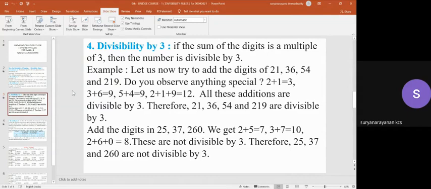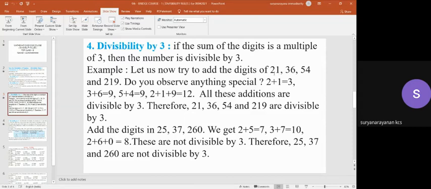If the sum of the digits in a number is a multiple of 3, then the number is divisible by 3. This is the rule for divisibility by 3. To understand this rule, let us take an example. See this number 21.